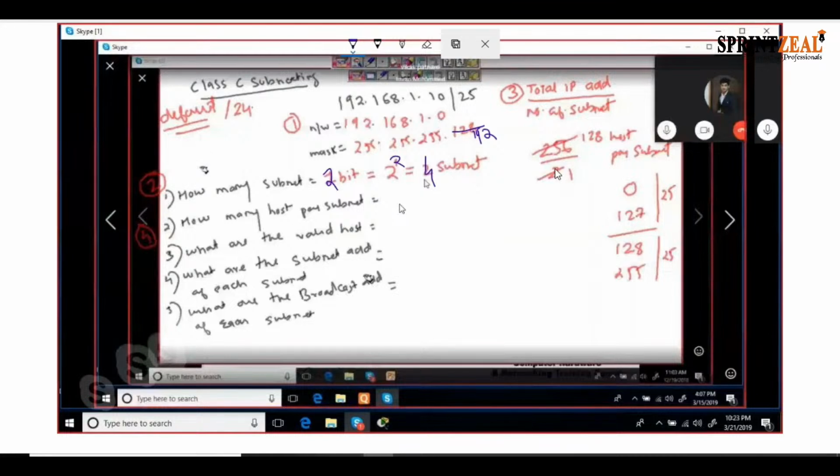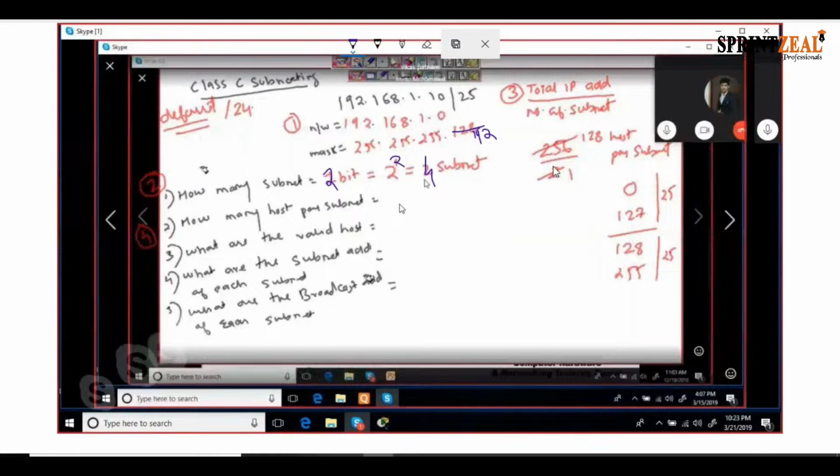48 is the wrong answer. See, here you have made the mistake. Total IP addresses is 256, right? 256 divided by number of subnets. In this case, number of subnets is 4.